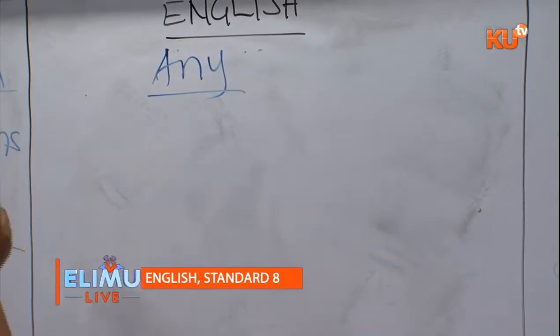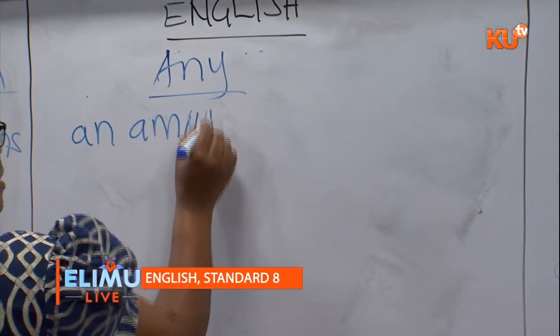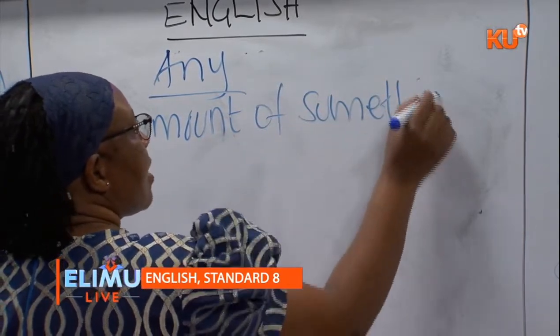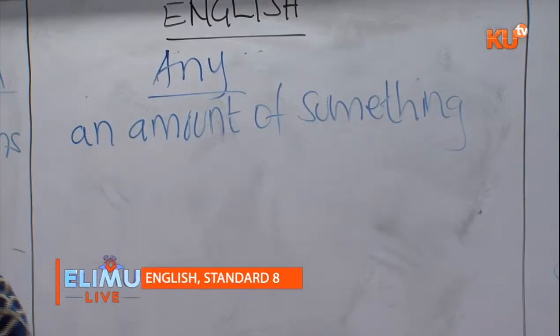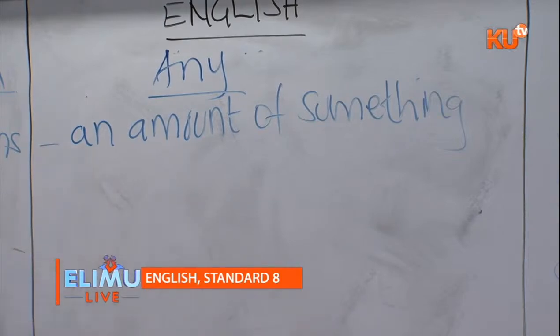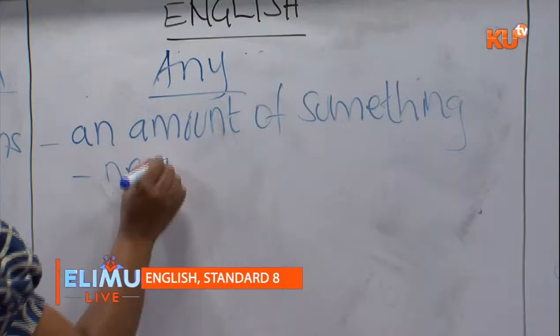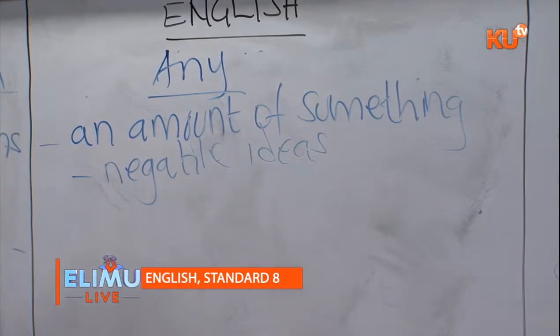Determiner any is still used with an amount of something, an amount of the noun which is being referred to in this case. But it is the opposite of some in that it is used with negative ideas.